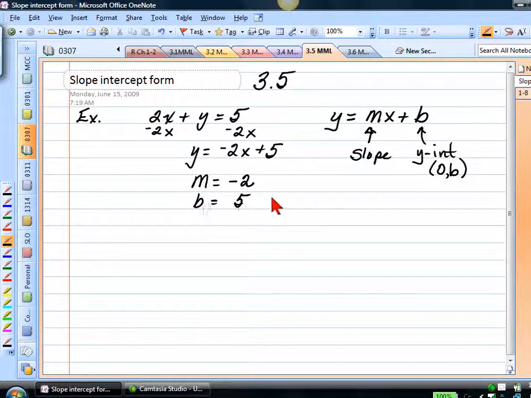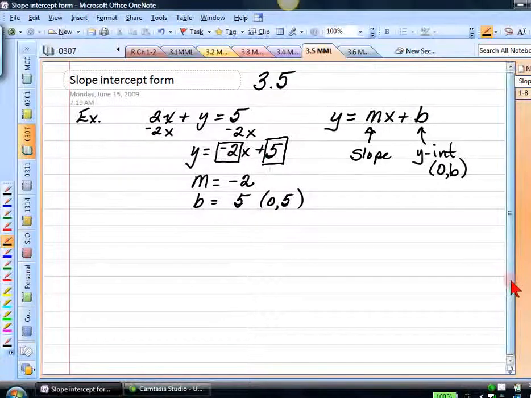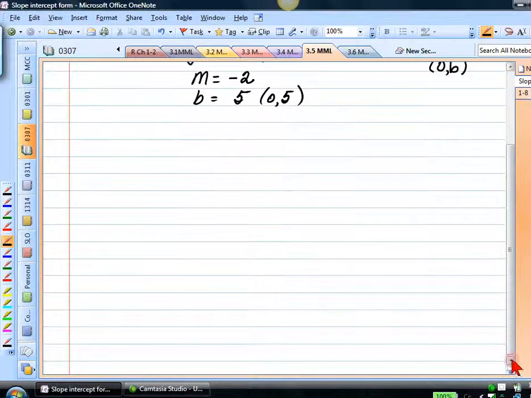And if I wanted it written as an ordered pair, it would be 0, 5 because it's on the y-axis. So its x has to be 0. Anytime you take the equation of a line and you put it in the form that it's solved for y, the slope is the coefficient of x, and the y-intercept is the constant. That information is going to be a new way that we're going to graph lines.